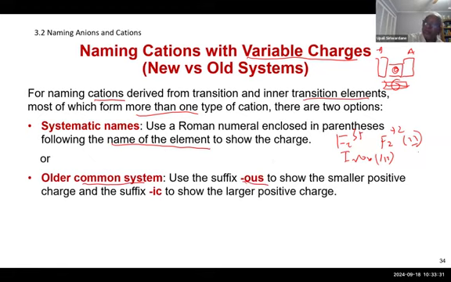Ous is the lowest, this is ferrous, lower charge. Ic is the higher charge. Smaller positive charge is ous, higher is ic. This is called ferric. This is called ferrous.